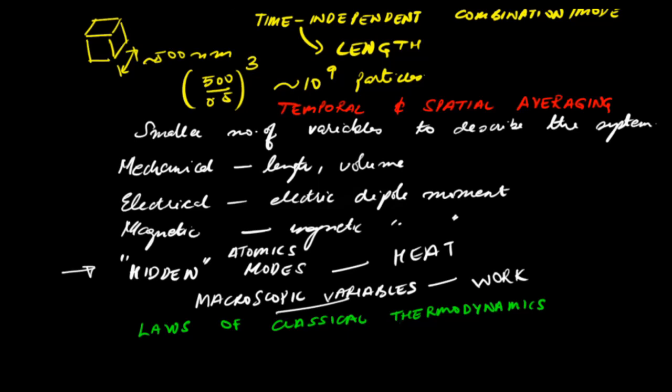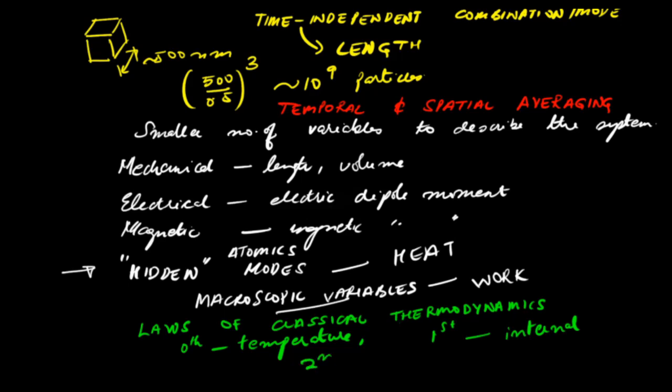And what are these variables? We'll see during the course of our study. So we'll see that different laws of thermodynamics will introduce these variables. So the zeroth law will introduce temperature, which is otherwise not known in mechanics. Then the first law will introduce internal energy as a new variable to describe the system.